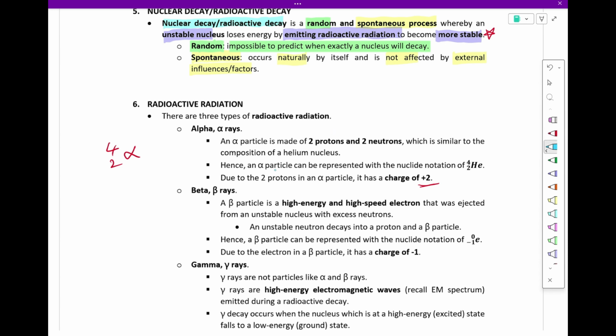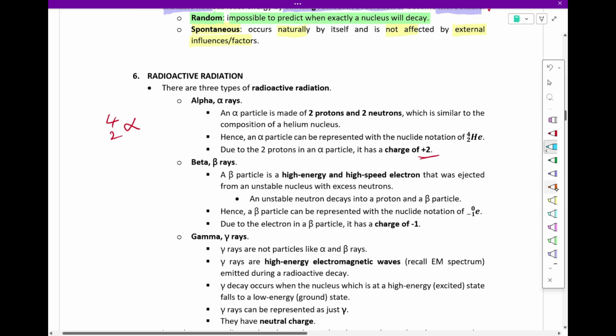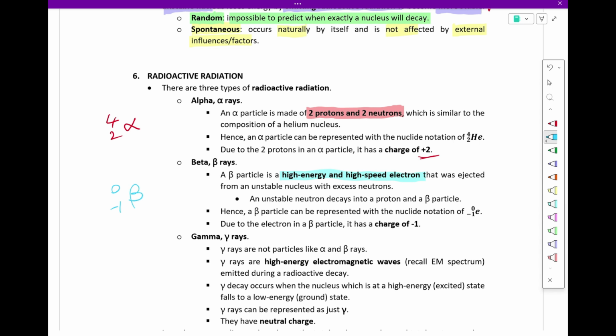Whereas your beta rays, or beta radiation, is a bit different. Beta is made out of electrons, whereas alpha is made of 2 protons and 2 neutrons. You can write your beta as -1. So how do you have electrons? If you think back to what I previously mentioned, you don't actually have electrons inside your nucleus.